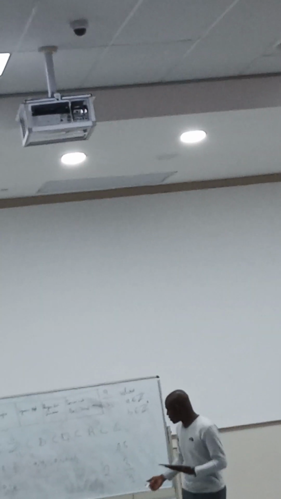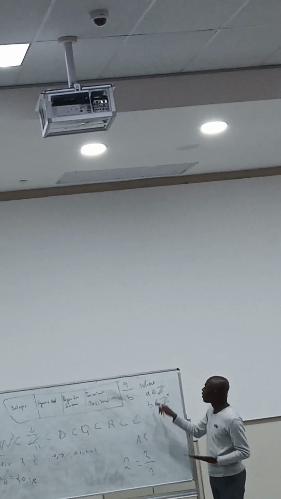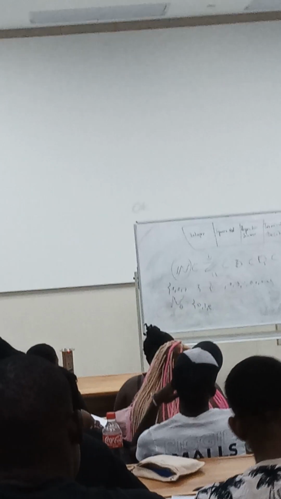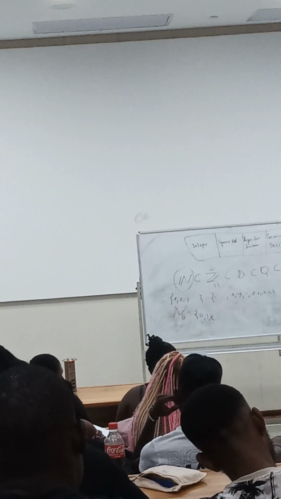I divide any number by 1 and I find the same number. So I managed to write it in this form, where A is equal to 2 and B is equal to 1. Can you see that? So therefore, 2 is a rational number.